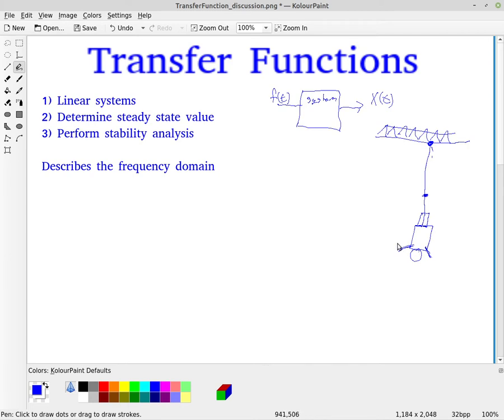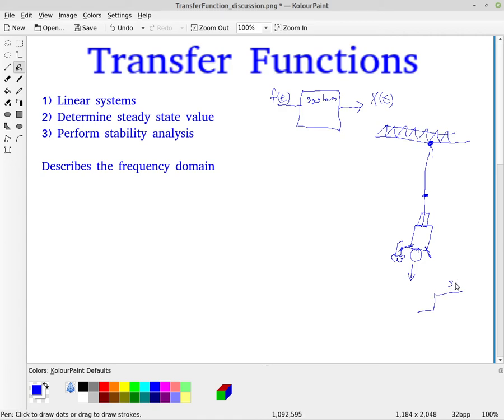So let's say that he actually has a fan. Let's give him a little battery operated fan here. When he turns on that fan, it is going to pull him down further than he already is. Turning on the fan is our forcing function.